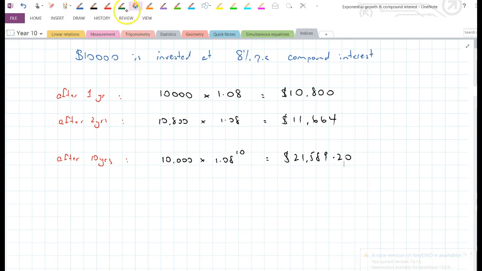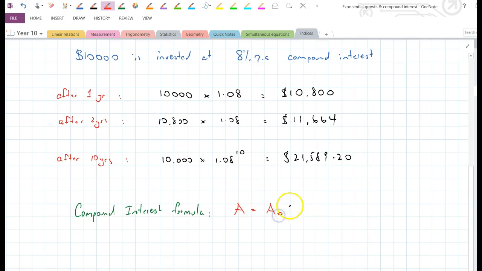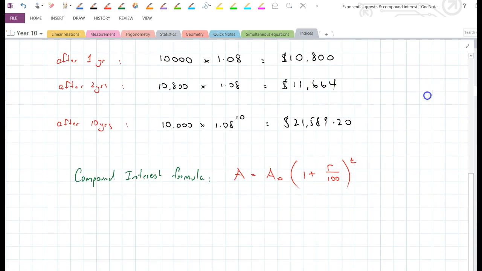And if we want to just write down a formula for compound interest, one to work with is A being the amount that the investment comes to, A naught being the starting amount. We take 1 plus the interest rate over 100, to the power of t.